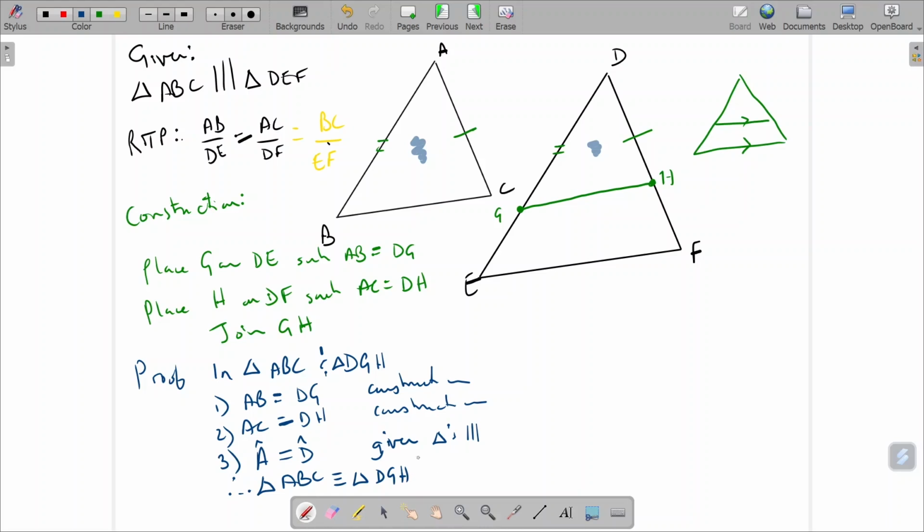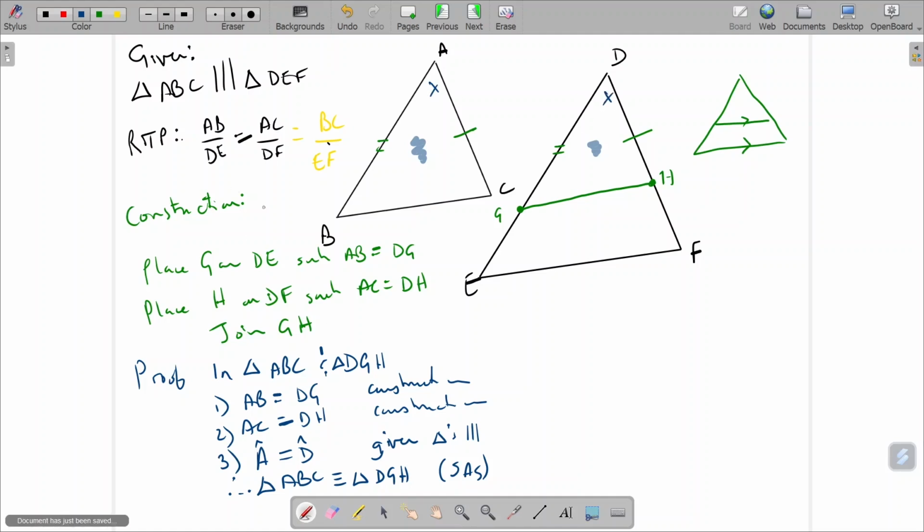It is equal in every respect. So all the angles are equal and all the sides are equal, respectively, in the 2 triangles. We need a reason for congruency, and in this case, the reason is side, angle, side: 2 sides and the included angle, because we know that this angle equals this angle.